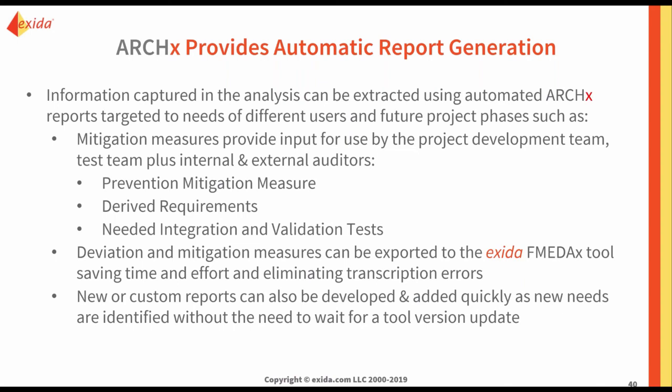The deviation and mitigation measures can be exported into the exida FMEA tool, which saves what information? Well, there's a list of all the units, and at least all the hardware units are applicable. And for each hardware unit, we have a list of functional failure modes. We put those right into the FMEA tool.